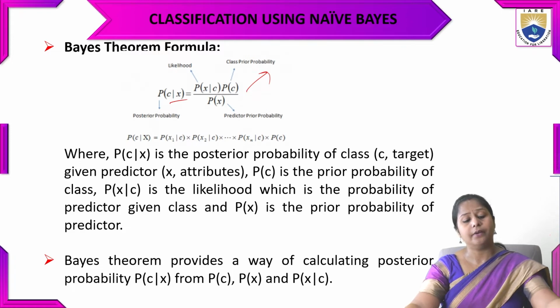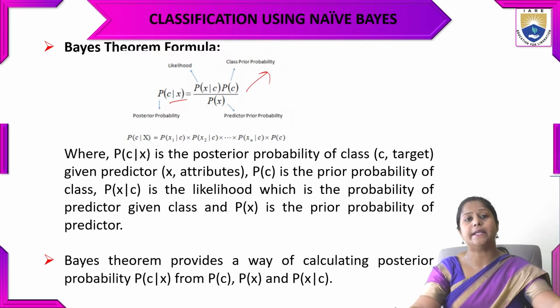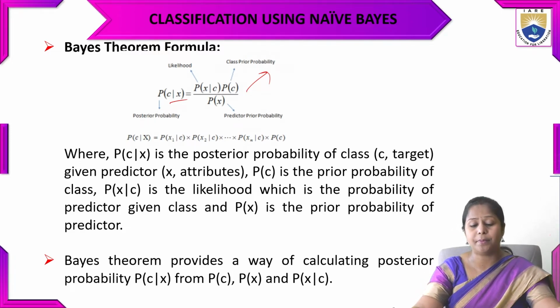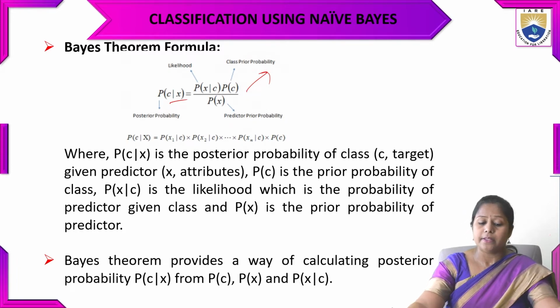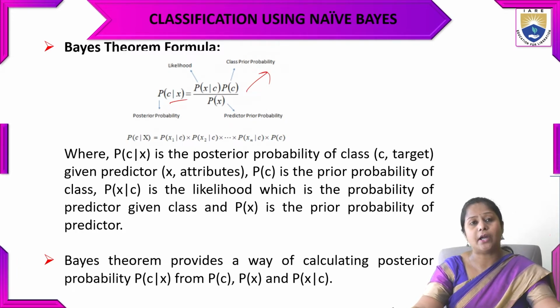So here we can see P(C|X) is the posterior probability of class C, the target, given the predictor X, the attributes. P(C) is the prior probability of the given class. P(X|C) will be the likelihood, which is the probability of the predictor given the class.